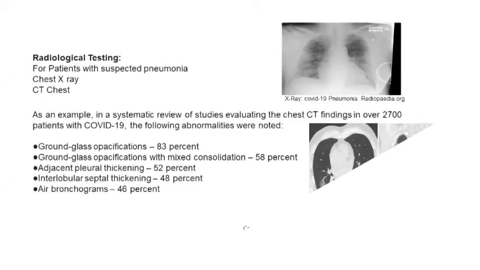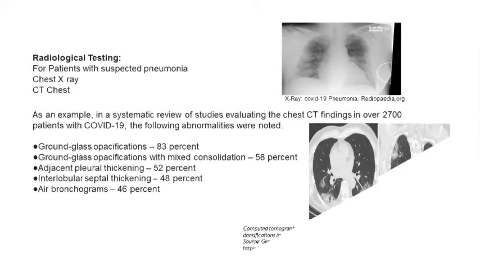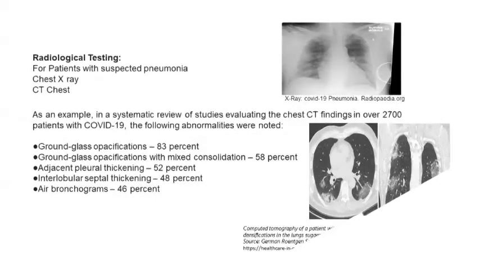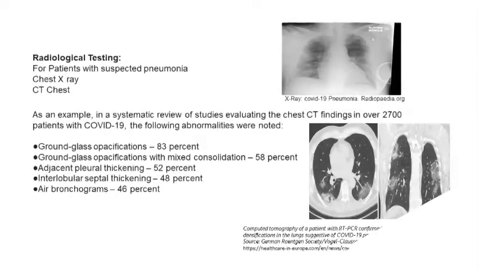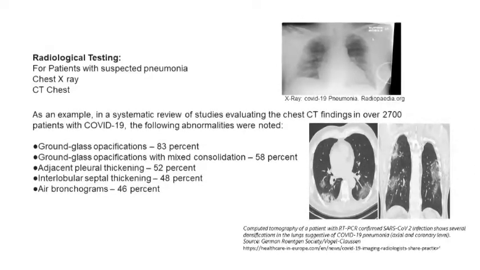Ground glass opacification was found in 83%, and ground glass opacifications with mixed consolidation in 58%. Adjacent pleural thickening was found in 52%, interlobular septal thickening in 48%, and air bronchograms in 46%.